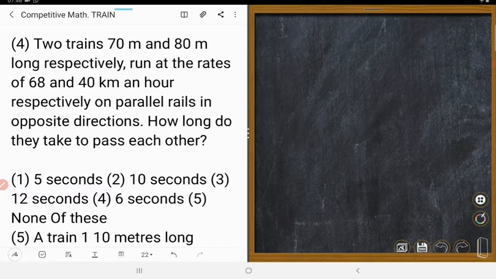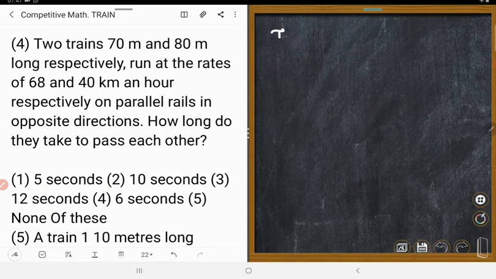How long do they take to pass each other? Yes. So first, what is the total length of the two trains?